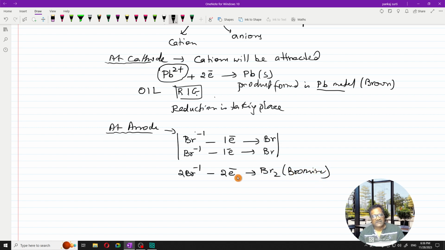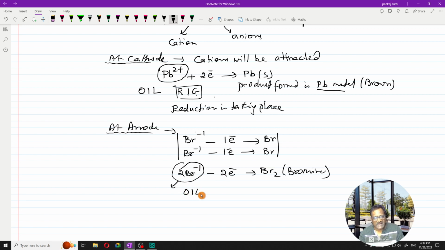So at the anode, what is happening? Bromide is a negative ion, and negative ions are known as anions. So the anion is going to lose electrons, and losing electrons is what?